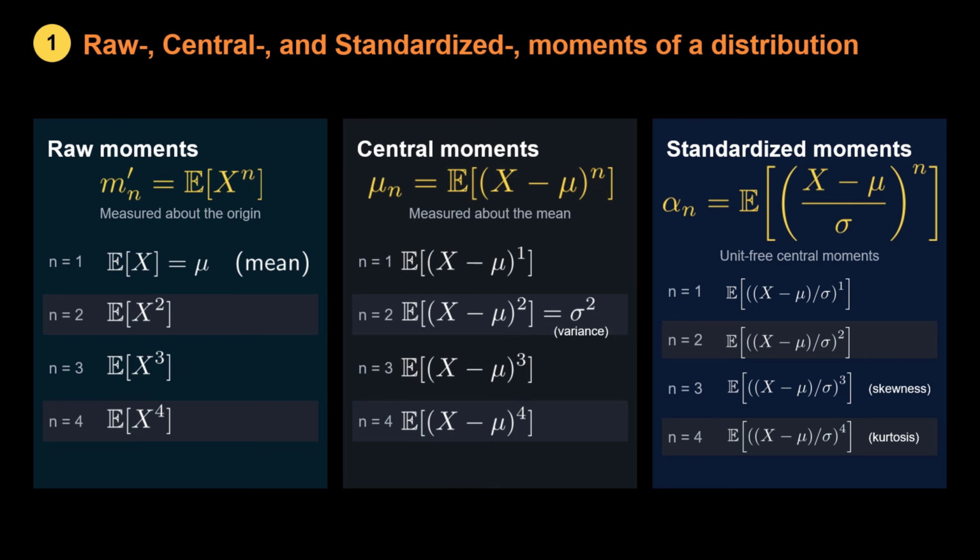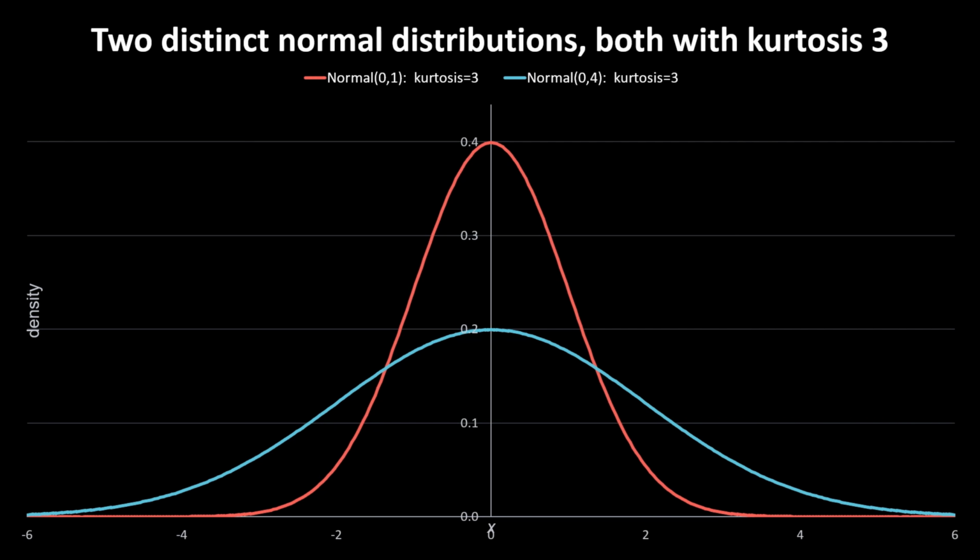Okay, and we could look at how asymmetry is measured by skewness, but that's actually a little tricky. So let's look at kurtosis instead, since I think there'll be more intuition there for us. I plotted here two normal distributions.